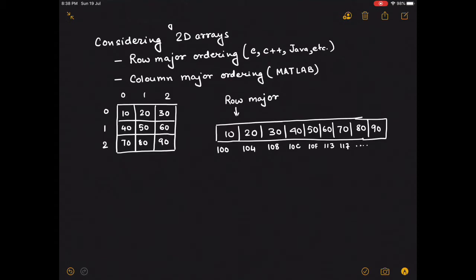That means in case of hexadecimal addressing, 108 plus 4 is going to give us 10C. Accordingly, the cell holding the value 50 will have the address 10F. Now, since we are dealing with an integer array, the individual cells will be taking up 4 bytes of memory. Accordingly, the addresses of each and every cell will be spaced by 4 bytes.